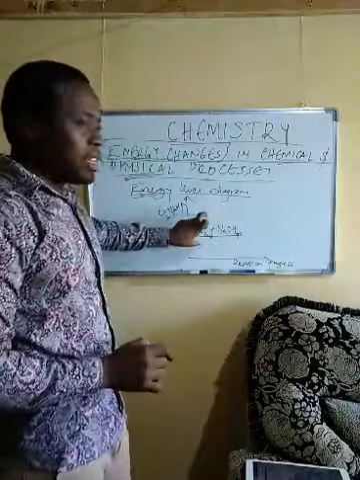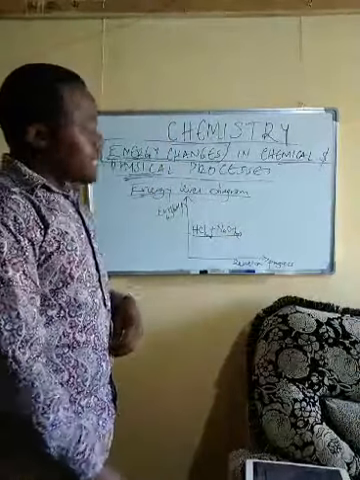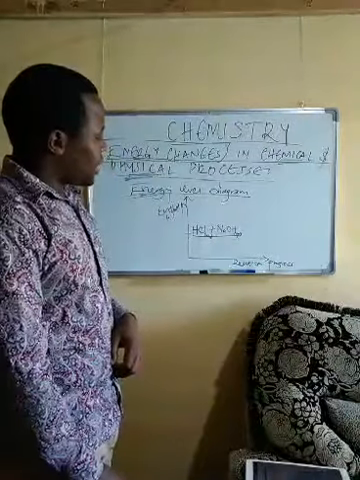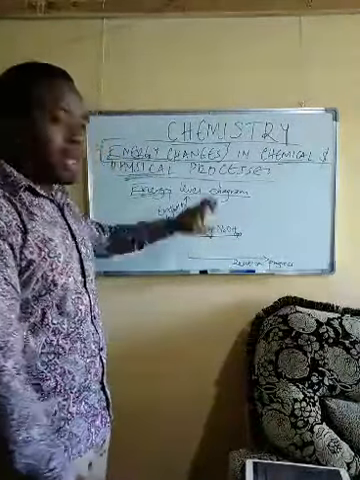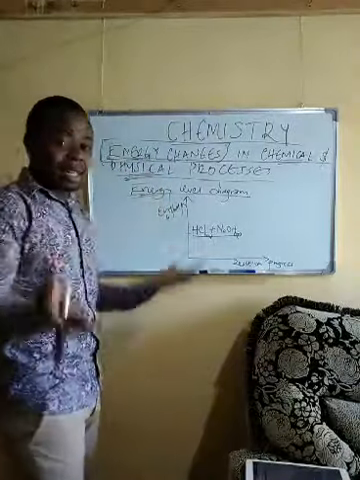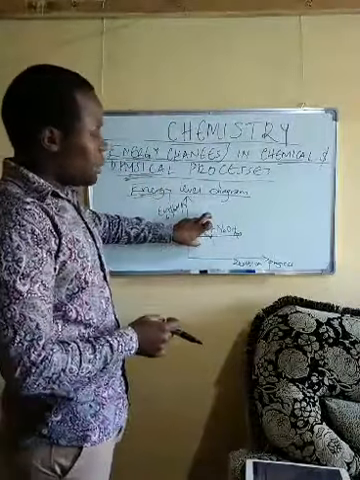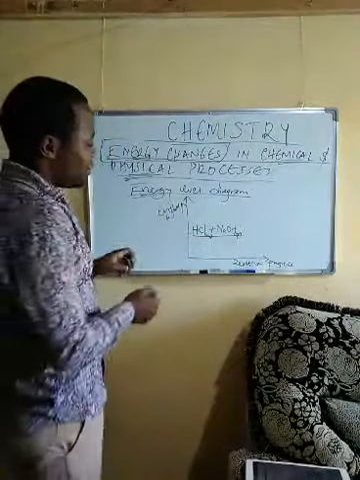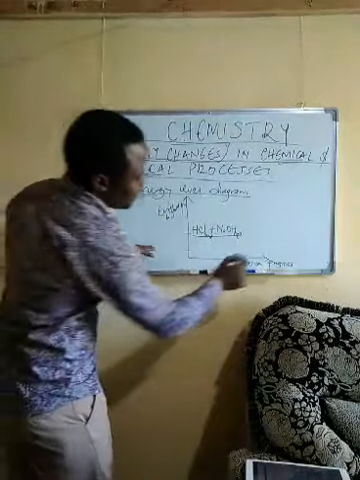Now this reaction here is exothermic, so that implies that the product will be at a lower energy. Energy will be lost to the environment, meaning that the product will be at a lower energy. So the product will be somewhere here, and that is right there.